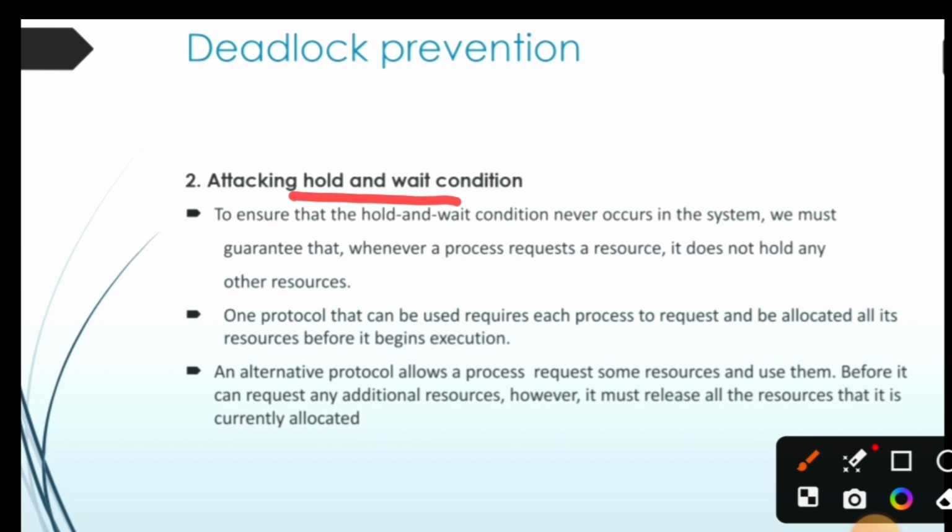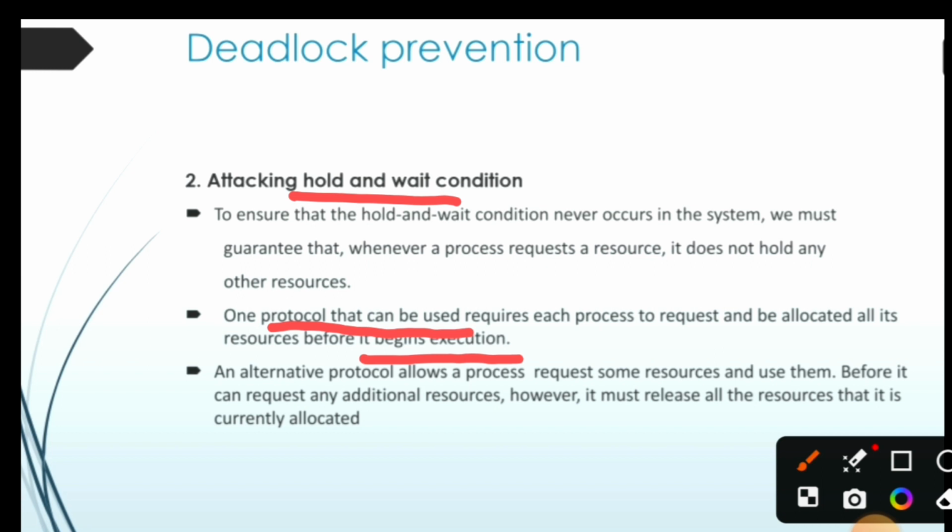In order to avoid hold and wait, we have to ensure that whenever a process is requesting a resource, it does not hold any other resource. One protocol that we can use for achieving this is that before a process begins its execution, it has to request all the resources that it is going to require during the course of its execution, and they must be allocated before it begins its execution.